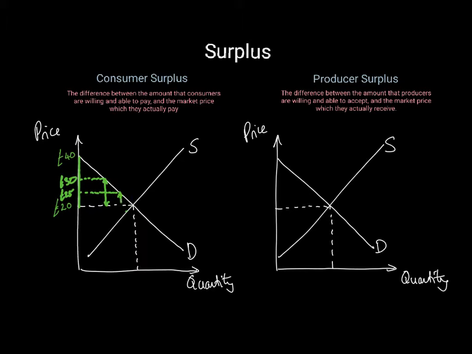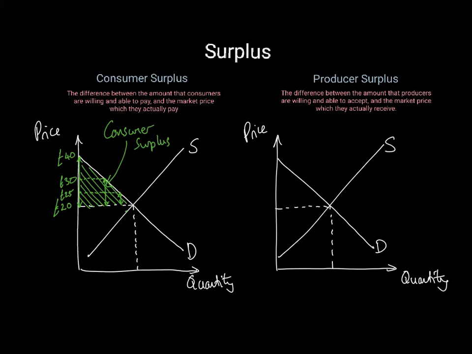So they get a little bit more surplus like that. And when we add up all of these bits of surplus for all of the consumers, we essentially end up shading in this triangle here. So this triangular area here is how we show consumer surplus on a diagram.